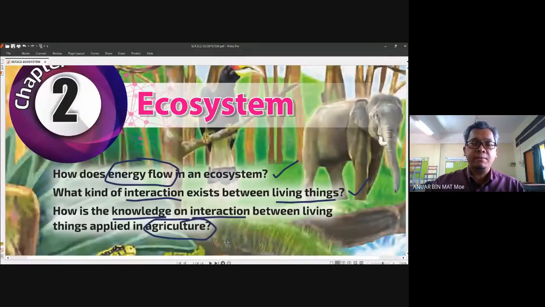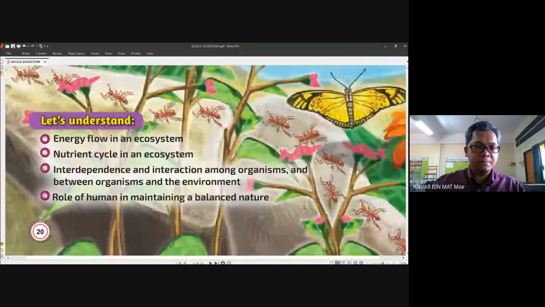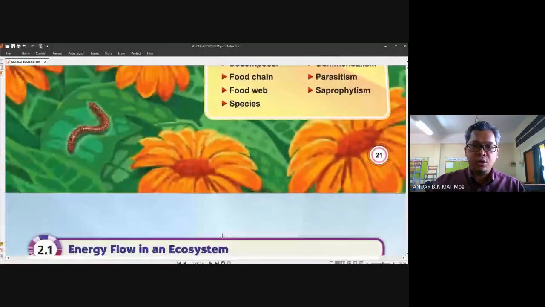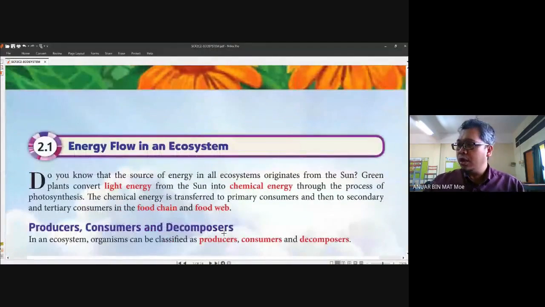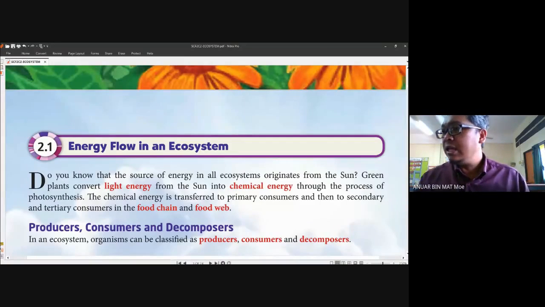There are 4 subtopics in chapter 2. So we go to subchapter number 1, that is 2.1, or you can refer to your textbook page 22. I believe you already have your physical textbook. So you can also refer to page 22.